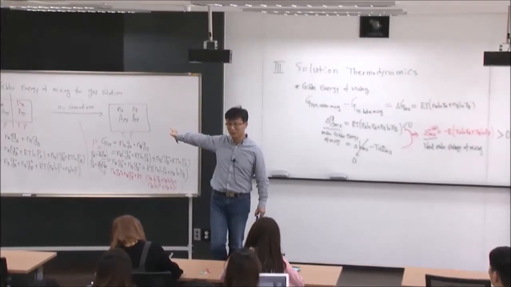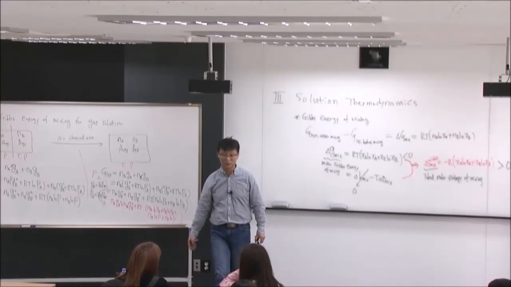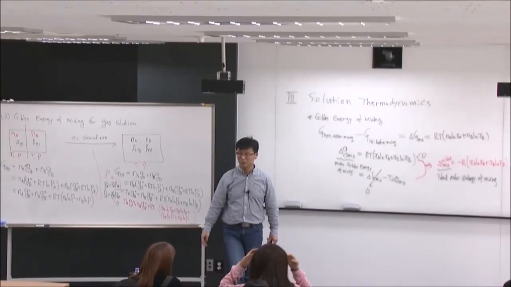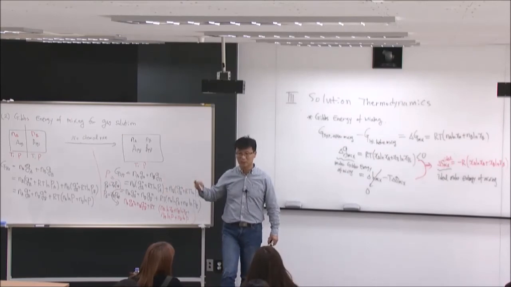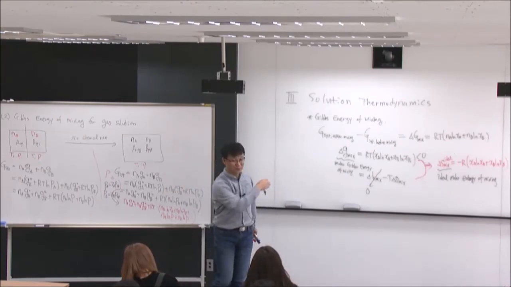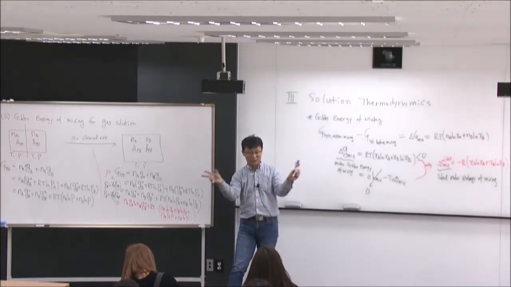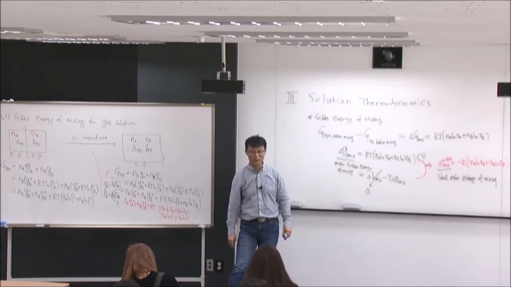No chemical reaction involved, but just the mixing decreased the Gibbs energy of the system. Is it okay? The mixing, because it's randomness. Mixing entropy is randomness. So if you have a barrier over two different gases, if you remove the barrier, it always wants to mix, because that makes randomness.